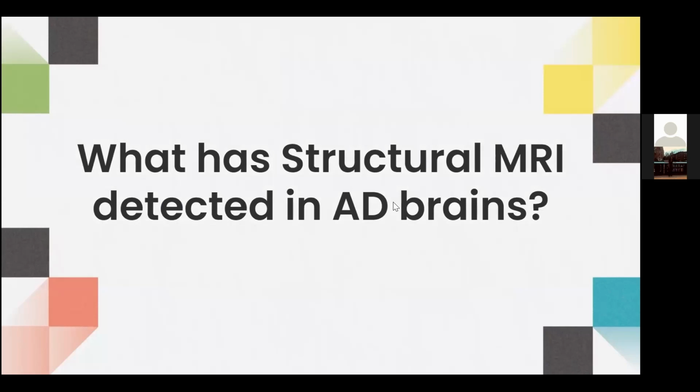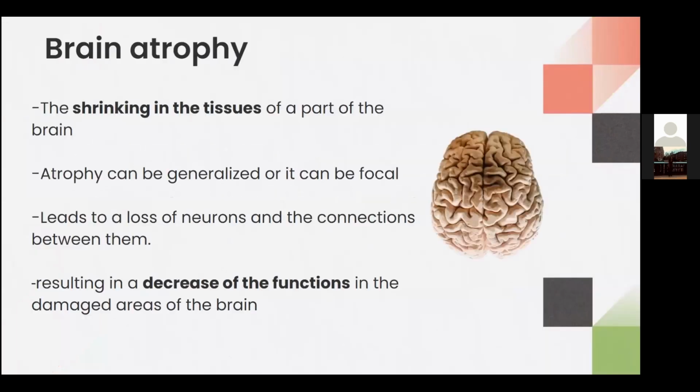So what has structural MRI detected in Alzheimer's brain? Now we're going to get into the structural changes, like we talked about in Alzheimer's disease. People have detected brain atrophy in Alzheimer's patients, and brain atrophy is basically a shrinking of the tissues of a part of the brain, such as the hippocampus or entorhinal cortex.